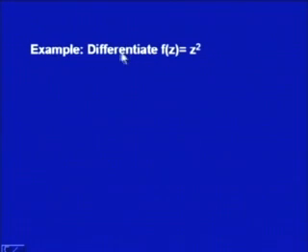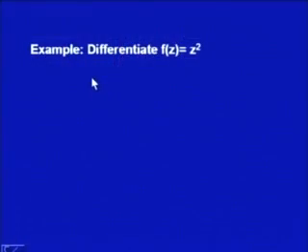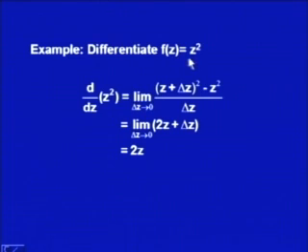Let us illustrate this with an example where f z is equal to z square. To differentiate this, d by dz of z square is z plus delta z whole square minus z square, divided by delta z. This is the ratio we form, and then we take the limit as delta z tends to 0.